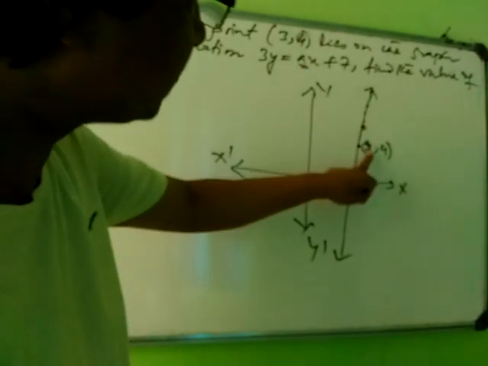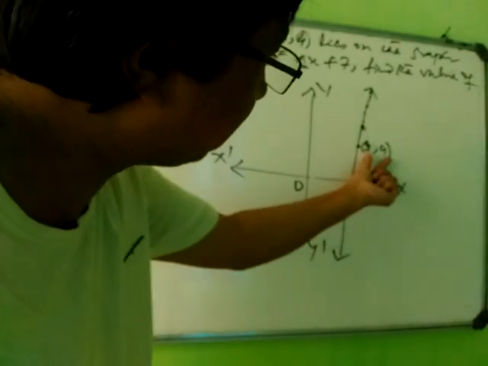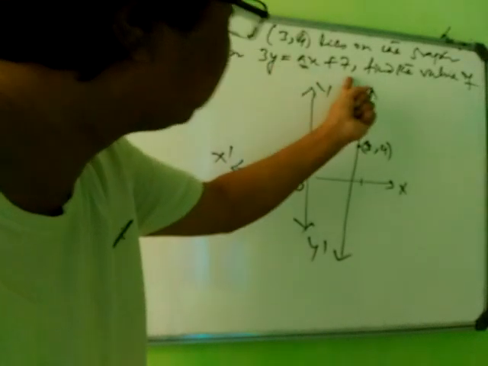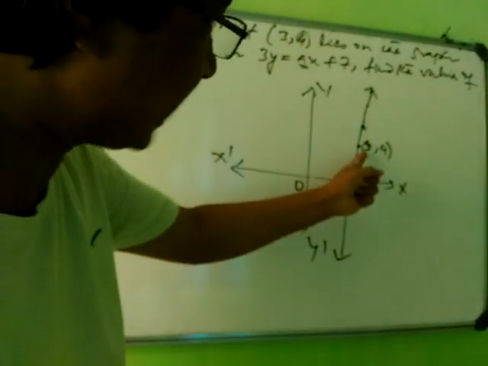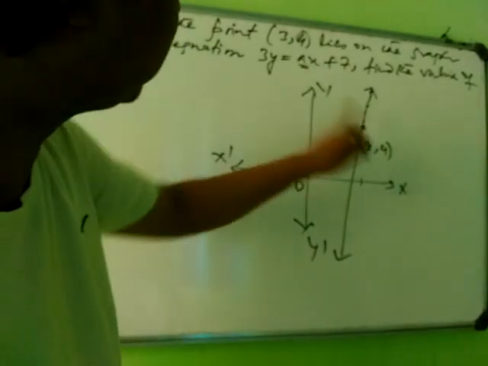So, as the point 3, 4 lies on this graph, that is why 3, 4 becomes the solution of this equation, which means x is 3, y is 4.